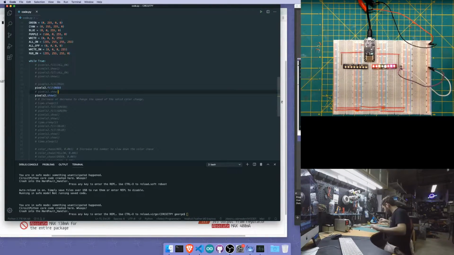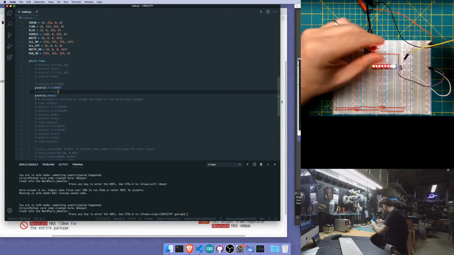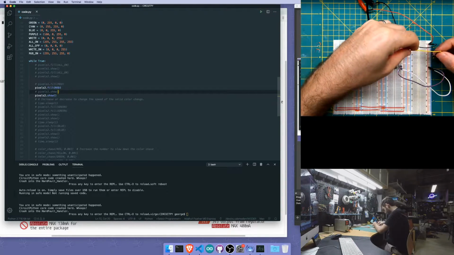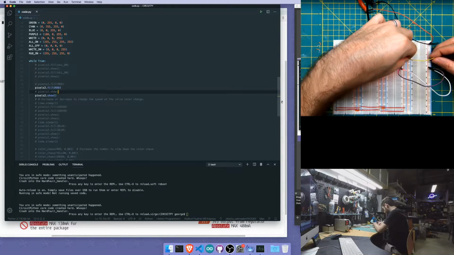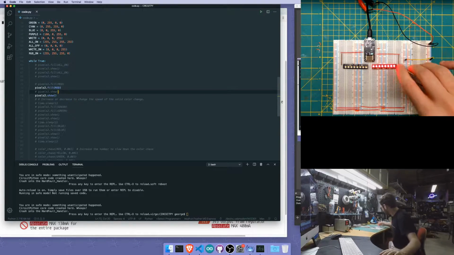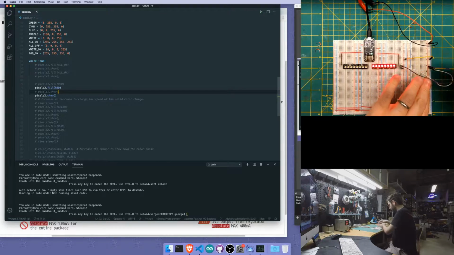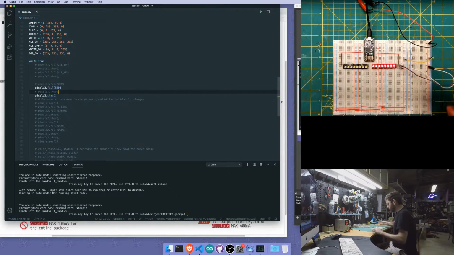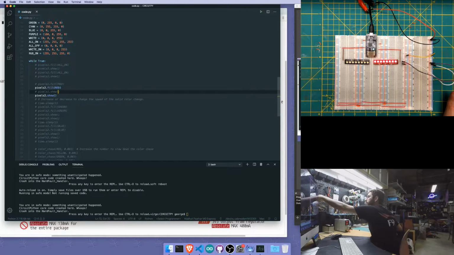Okay, so this happened the other day where it was acting all crazy, and I think when I patch the two grounds, yeah, okay. Okay, so I don't know if you guys can see. Let me grab a couple more jumpers.